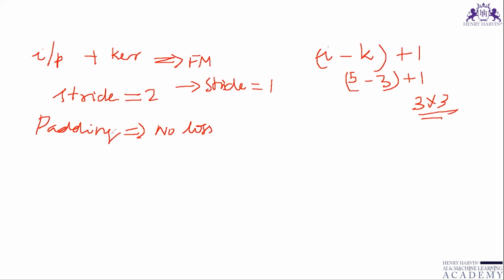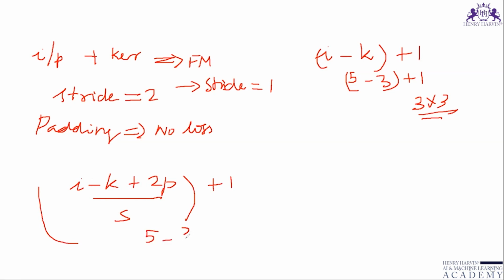And then whenever we do padding, what formula were we using? (Input minus k plus 2p) divided by s, plus 1. In that case we used stride as 1. So 5 minus 3, we used 1 padding, divided by s which is 1.